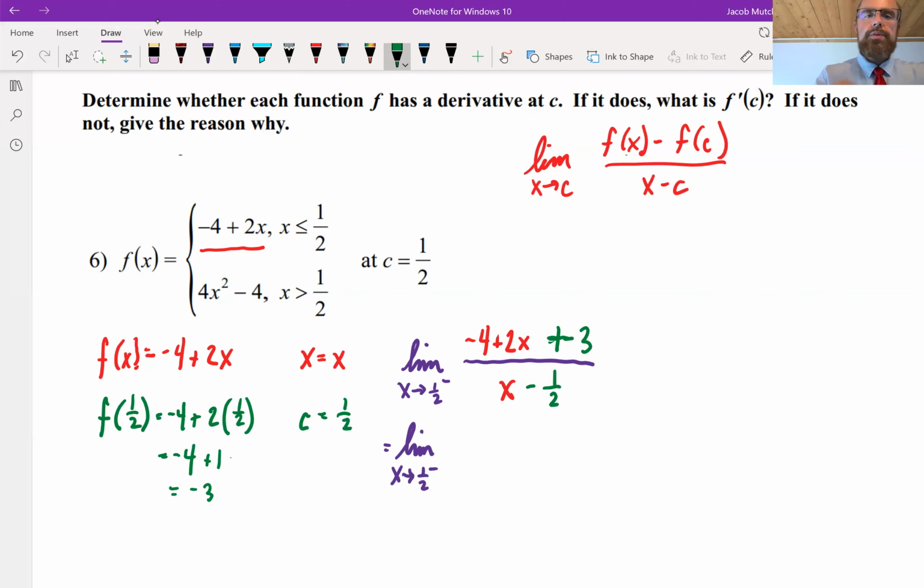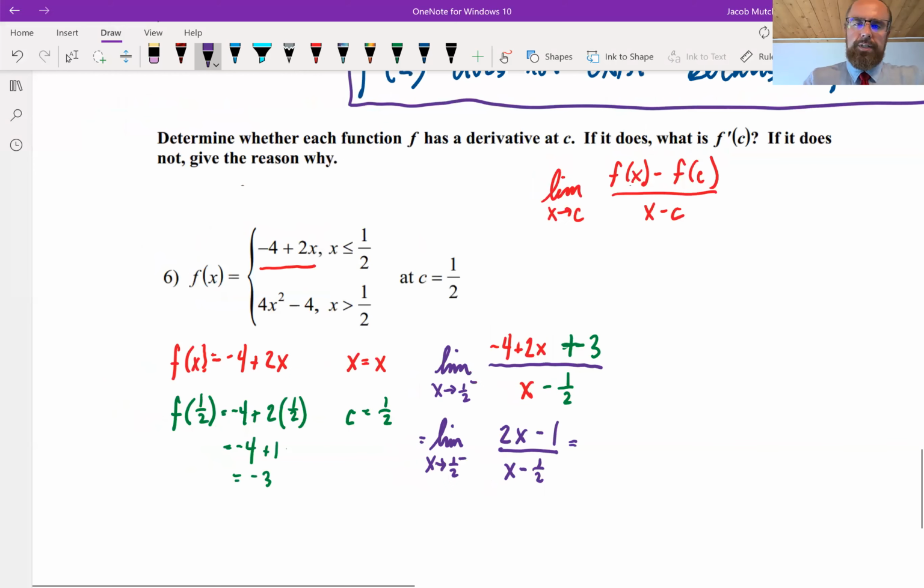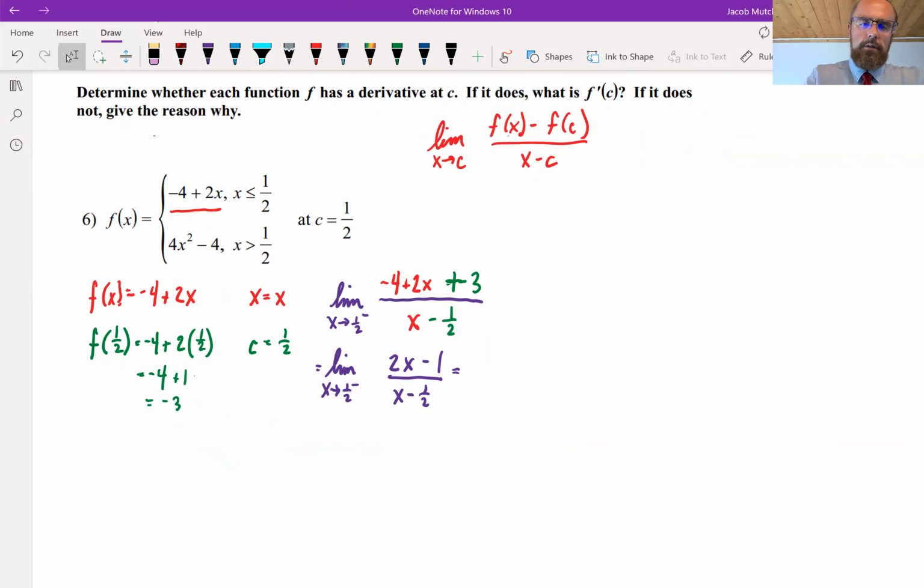So the way that that would simplify, if I switch stuff around, is 2x, and then -4 plus 3 is -1, all over x minus 1/2. So I do see direct substitution would give the indeterminate form 0 over 0. So I want to see if I can factor that numerator to cancel with the denominator.